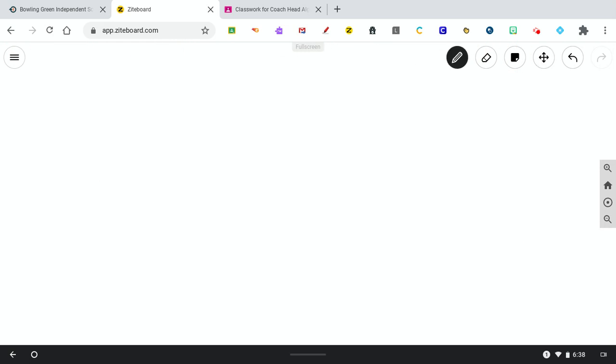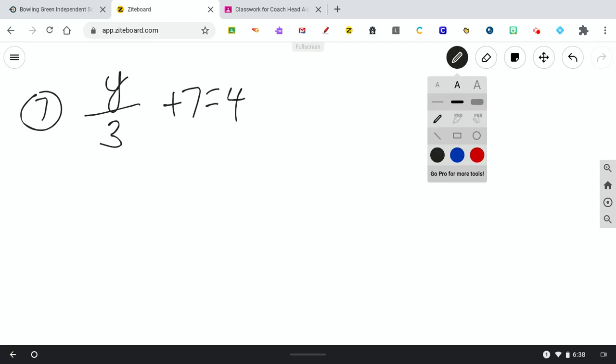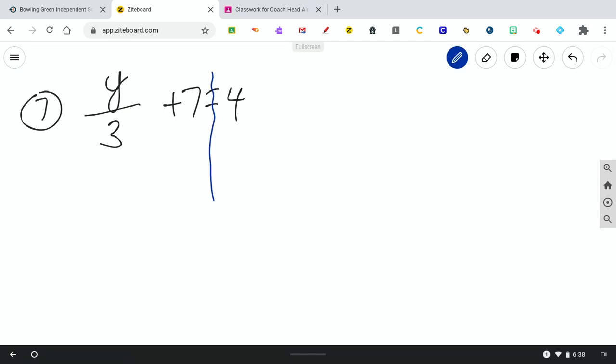Okay, example 7. y over 3 plus 7 equals 4. Okay. Again, try and get y by itself. Subtract 7.